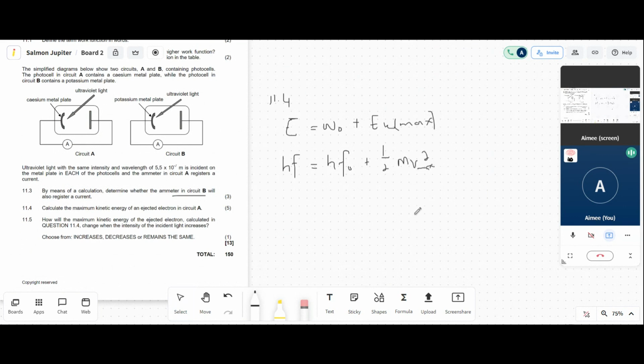Okay, now we go and we substitute in. This we can convert to hc over wavelength is equal to h times f plus half mv max squared.